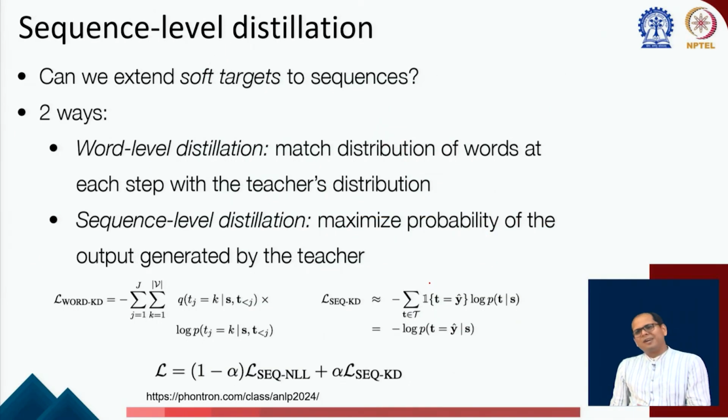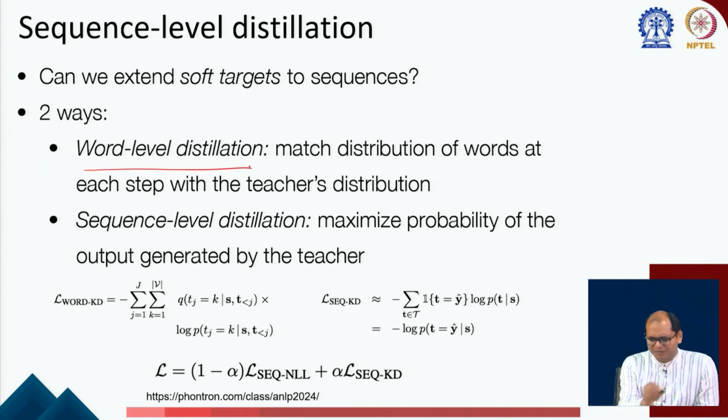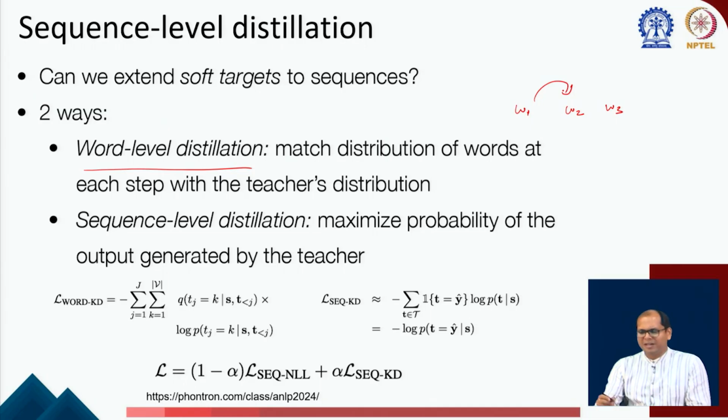Now, when you talk about distilling language models, can you have soft targets for the whole sequence, right? First of all, we can have word level distillation. That means, when you predict the next word, you will have a probability distribution. So I have to predict the next word from here. The teacher model will give me a distribution over the entire vocabulary. And the student can match the distribution, right?